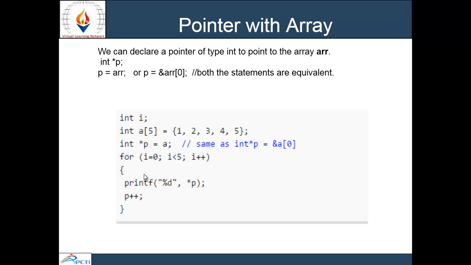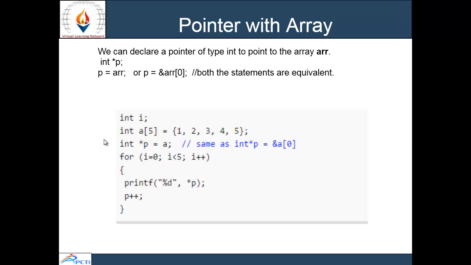Then we will increase p++, so that it will take the address 1002 and will show the value of array a[1]. This process will go on until the condition is true.